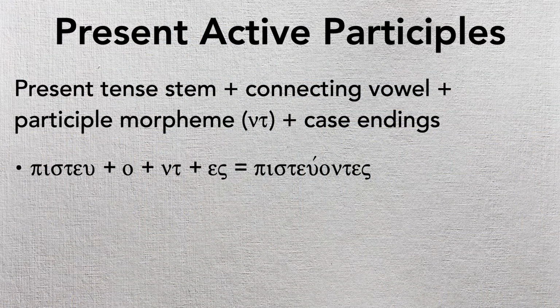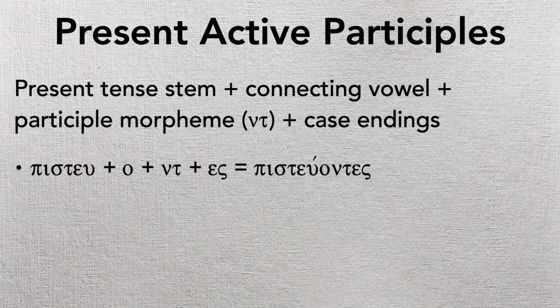So we've got the present tense stem, connecting vowel, the participle morpheme, and then we're going to put case endings on the end. But notice those first three elements end with that nu tau, which is the effective end of that part of the word so far. And notice that ends in a consonant. So if it ends in a consonant, what sort of endings are we going to need from a case perspective? Yeah, we're going to need third declension endings, right?